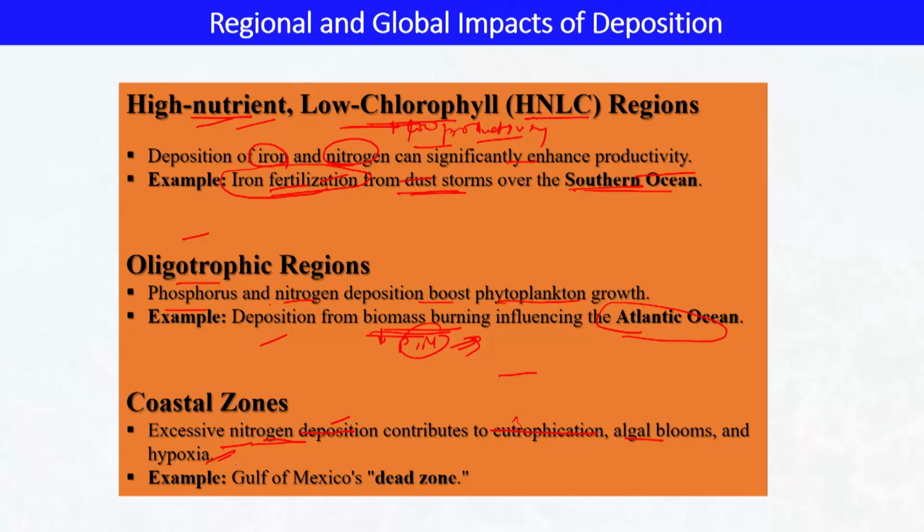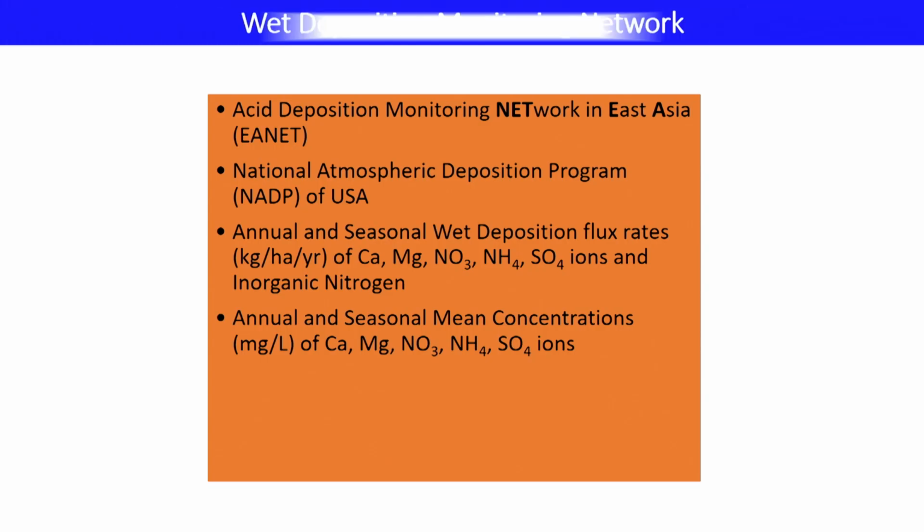One very important example is that the Gulf of Mexico is known as a dead zone, so you don't see much activity there. As in the lecture where we discussed toxicity, excess deposition or excess dose of nutrients can also lead to less productivity.